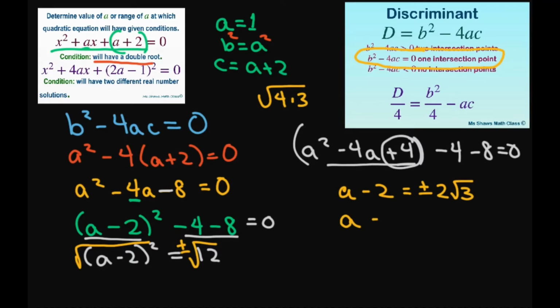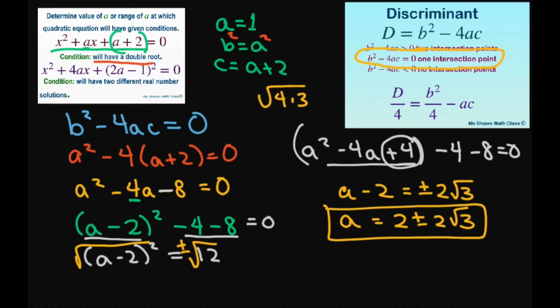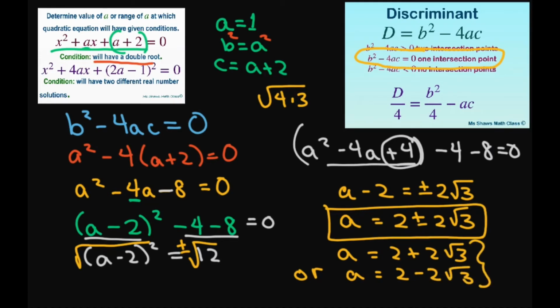So that means a equals 2 when you add 2 to both sides, plus or minus 2 square root of 3. So a equals 2 plus 2 square root of 3, or a equals 2 minus 2 square root of 3. We're going to be looking at that because this has to match up to this one right here.